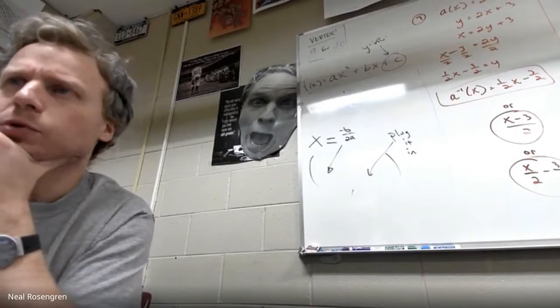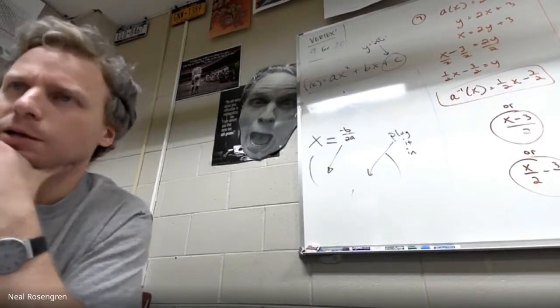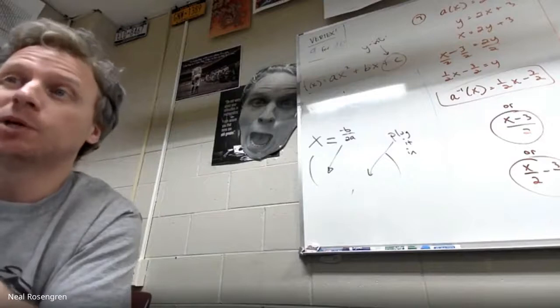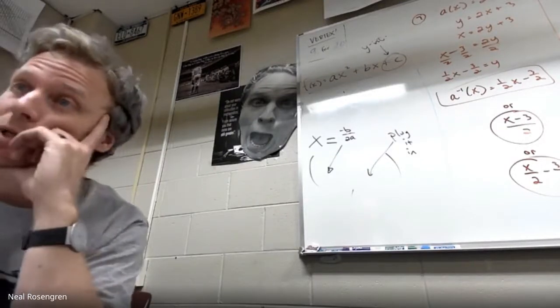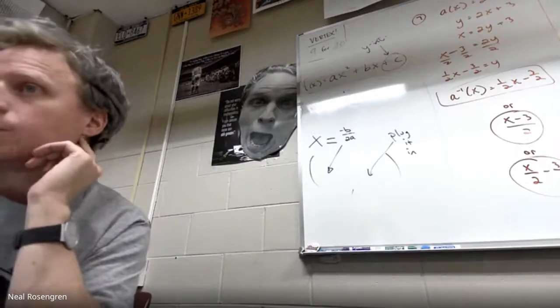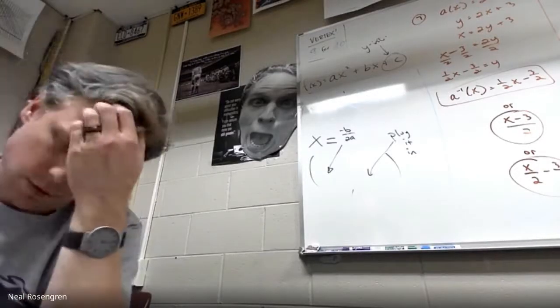So for number 2, for the vertex, because B is already -6, when you do -B over 2A, that -6 becomes +6. Oh, right. I forgot. You actually get 6 over 2, not -6 over 2. Yeah. So the x part of your vertex isn't -3, it's +3. Okay.